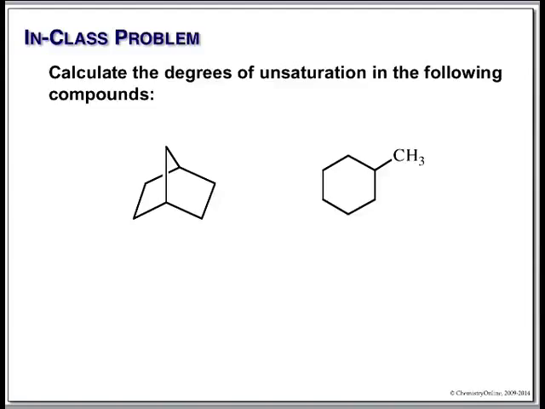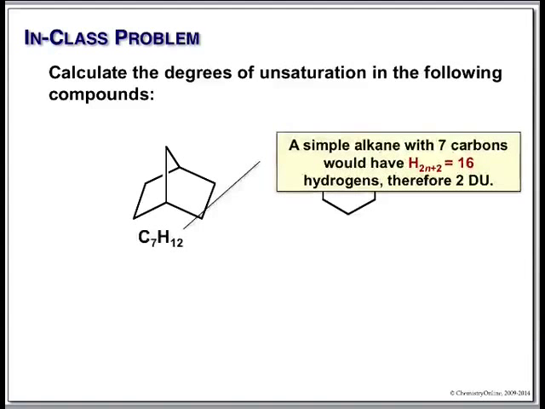CH2, CH2, CH2, CH2, CH2, and both of these are CHs. That's C7H12. If we had a C7 alkane, we would have 16 hydrogens. Therefore, this has 2 degrees of unsaturation.